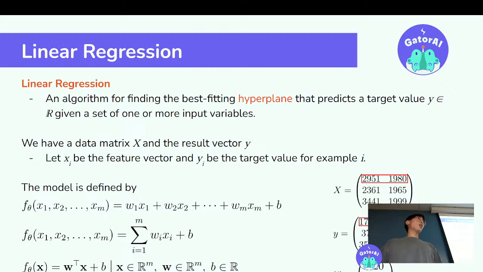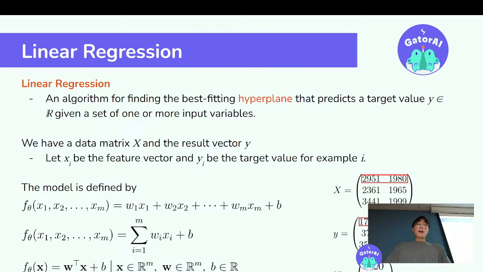If you're talking about a 3-dimensional space, then you would be talking about a 2D plane as your hyperplane, because you have 3 dimensions, and so your hyperplane has 1 less dimension, so it has 2 dimensions. So it's a 2D plane in a 3-dimensional space. And it just generalizes this idea of having a linear space in n minus 1 dimensions of the space that you are considering, right?